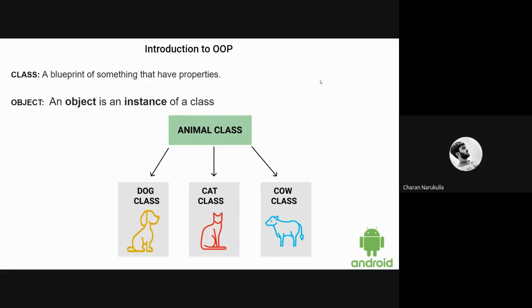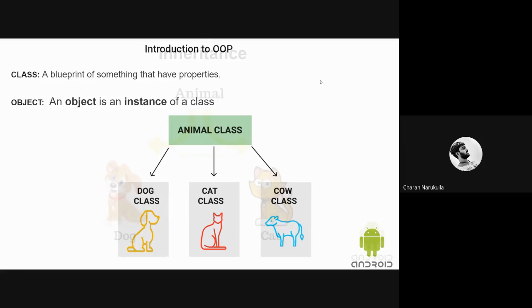So if I'm dealing with a dog, then I can make a dog an object. You can consider dog as an object, and then we can initialize the length of the ear or the color of the ear. That means we are making use of one of the properties from the class in our object. This is what object means.